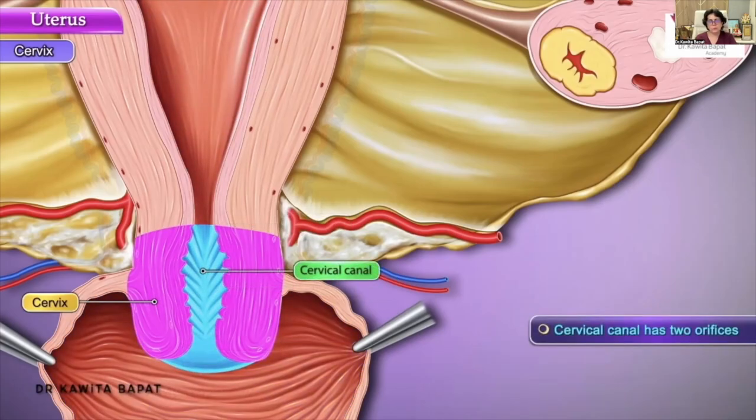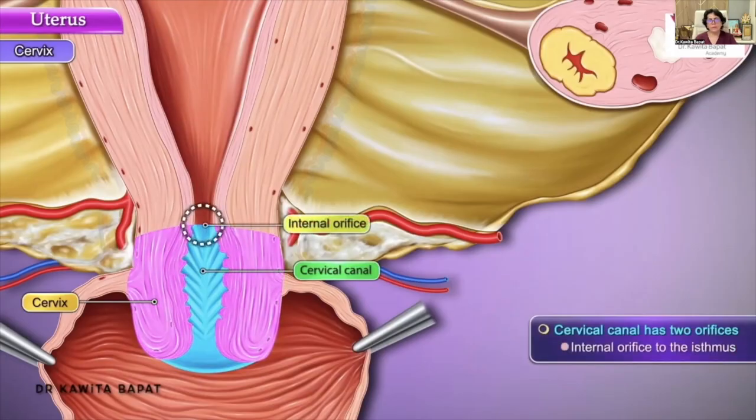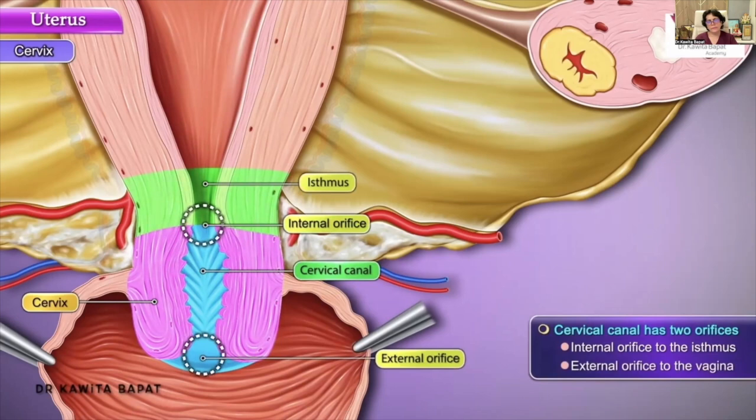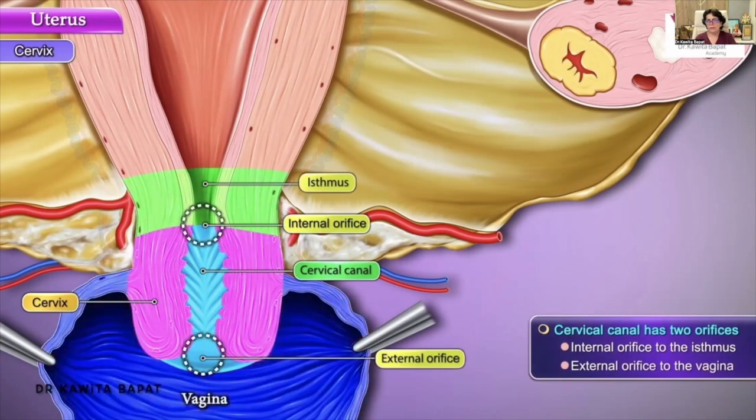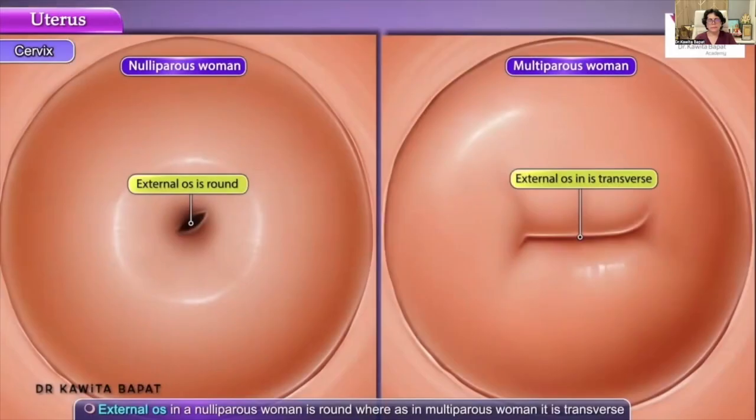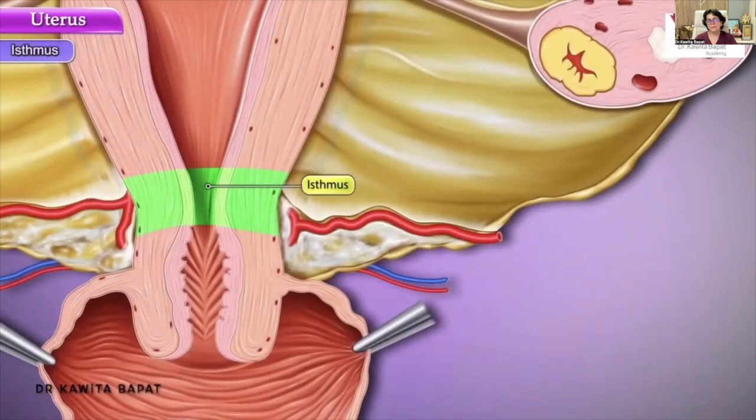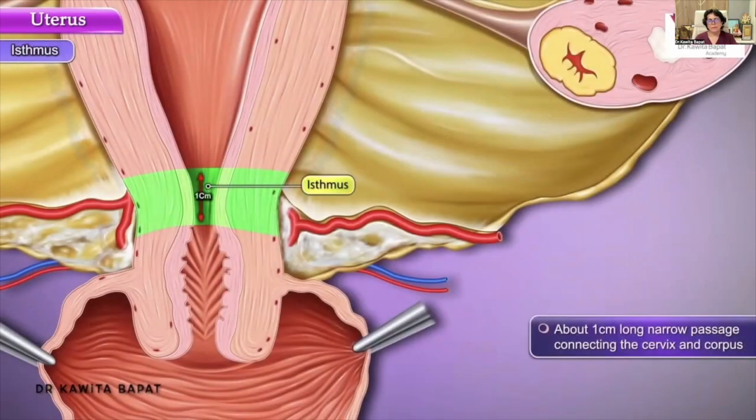The cervical canal has two orifices, the internal os, which connects it with the isthmus, and the external os, which opens to the vagina. In a nulliparous woman, the external os is round, and in multiparous women, it's transverse.